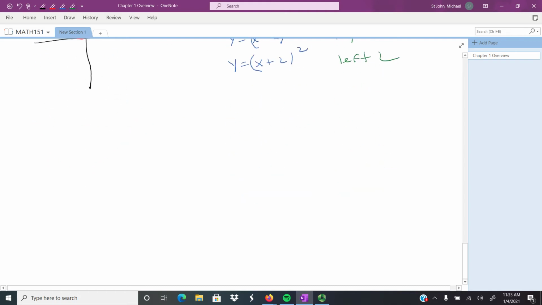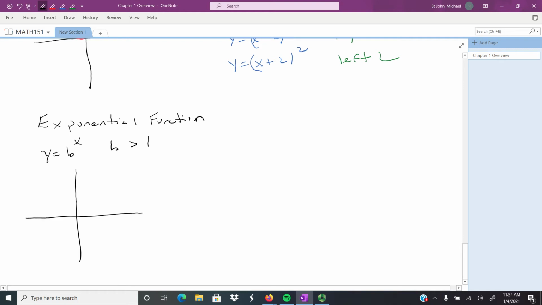Other things in terms of graphs: you had your basic exponential function, y equals b to the x, where b is greater than 1, and that was my graph that had this shape.